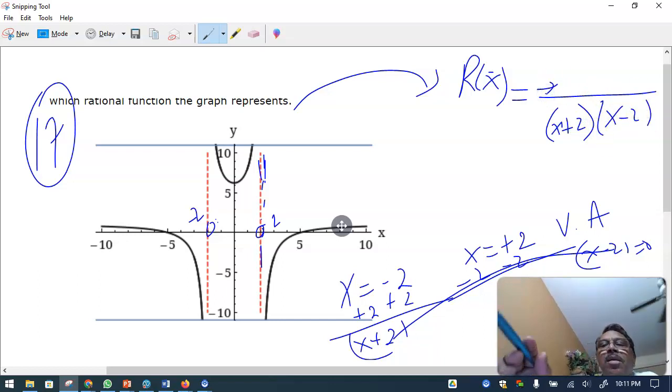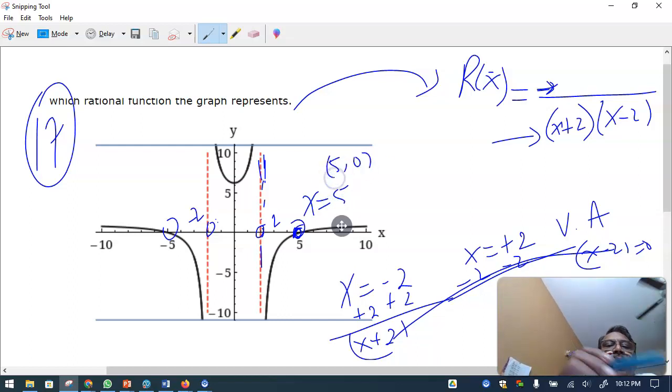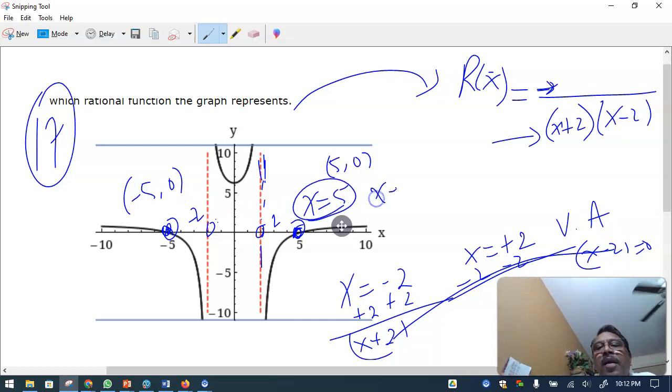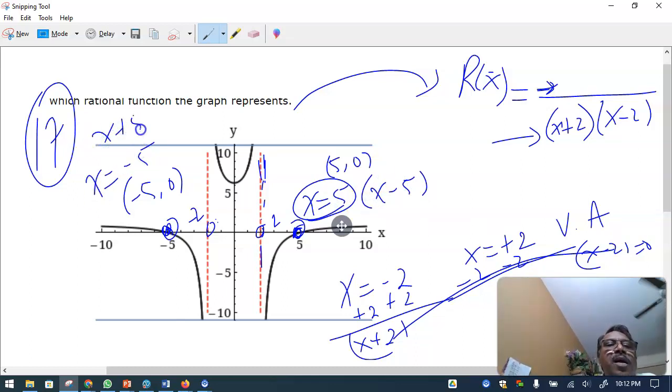But what about the numerator? The x-intercepts here are x equals minus 5 and x equals plus 5. By just looking at this, this is x equals 5. That means 5 comma 0 is one of the x-intercepts, and minus 5 comma 0 is another one. If I say x equals 5, that means x minus 5, and x equals minus 5 means x plus 5.